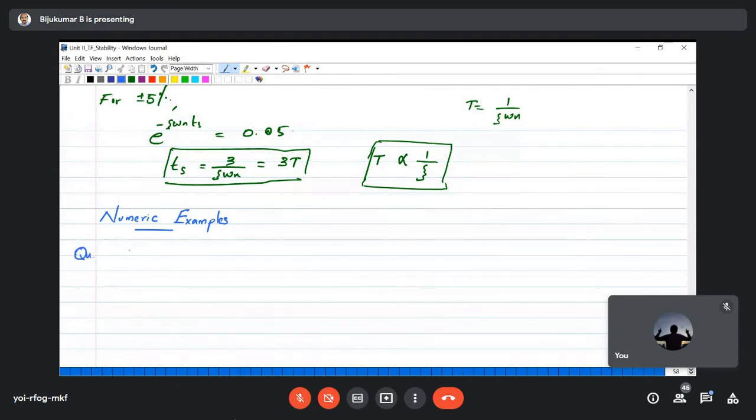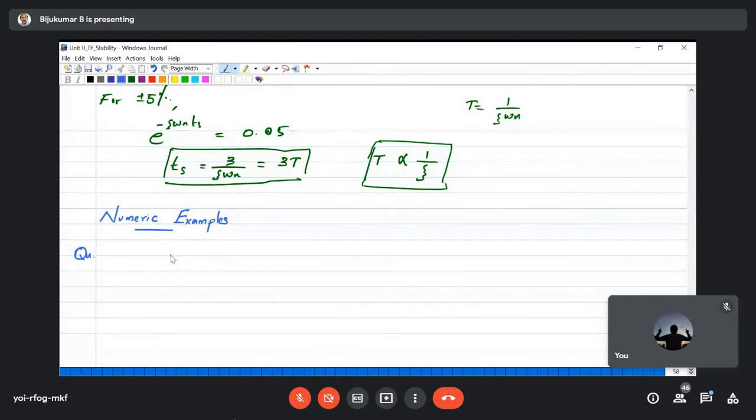Find all the time domain specifications of the system shown in figure. Please write, find all the time domain specifications of the system shown in figure. And draw this block diagram.